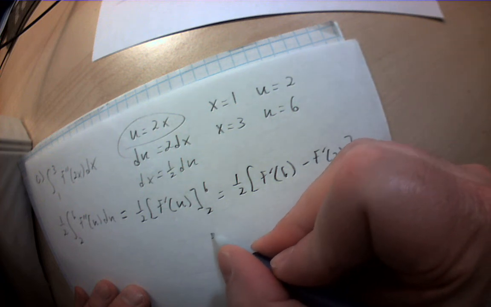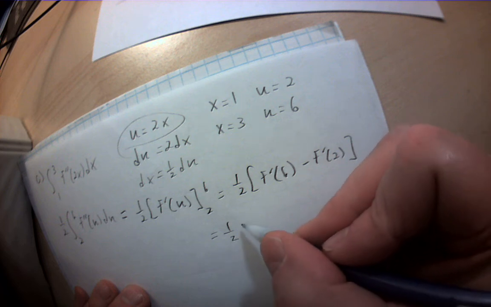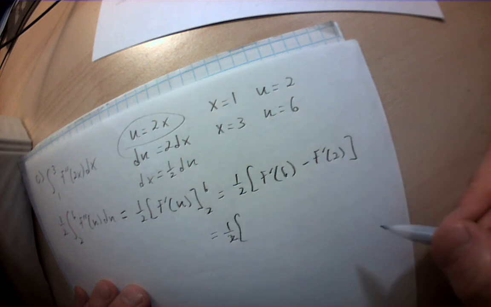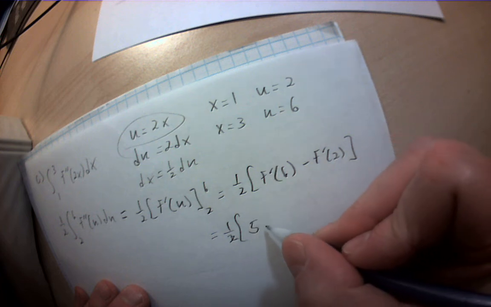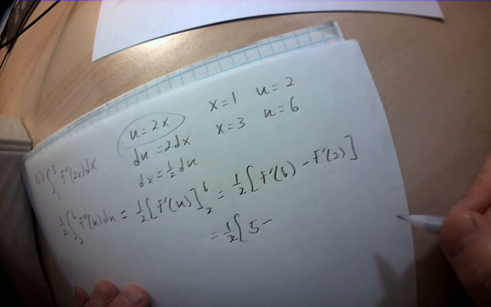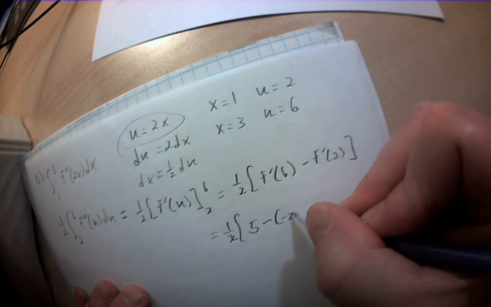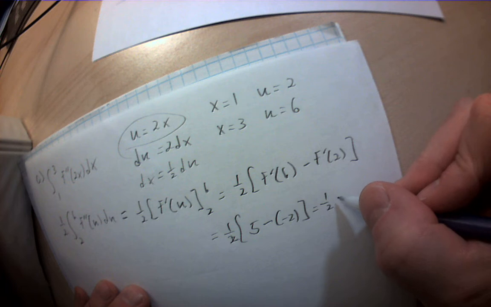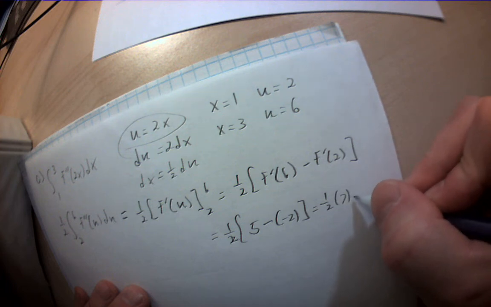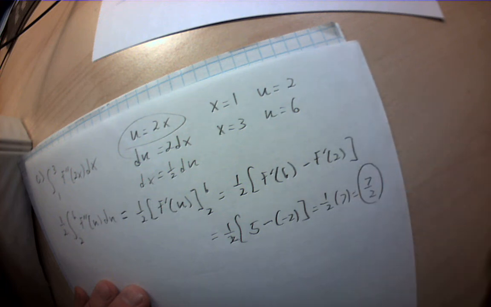Okay? That equals 1/2 times f prime of 6. f prime of 6 is 5 minus f prime of 2 is negative 2. So it's 1/2 times 7, 7/2. That's it.